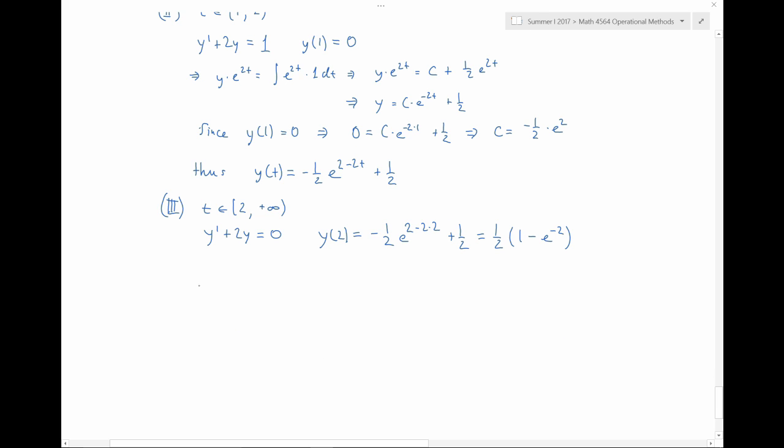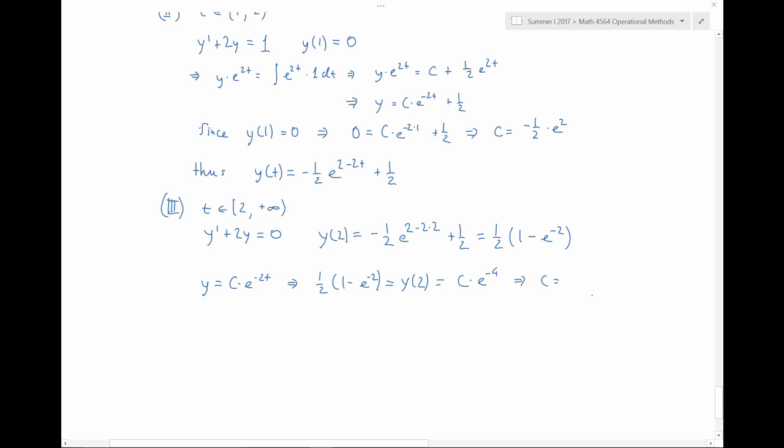Again, solving it with the same integrating factor, because the integrating factor didn't change, we get that y should be just a constant times e to the negative 2t, and we get the following expression. We get that 1/2 times 1 minus e to the negative 2 should be the same as c times e to the negative 4.